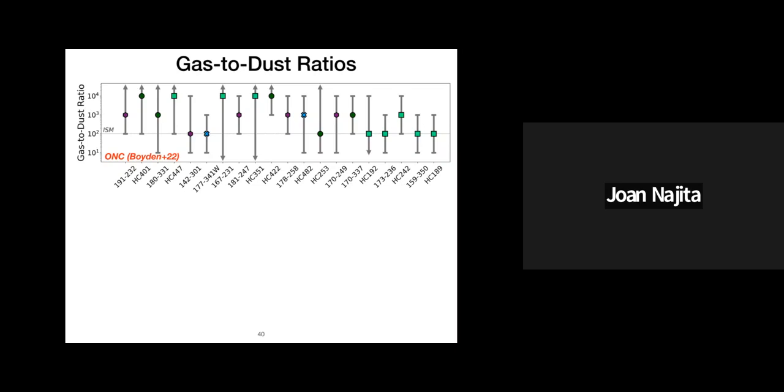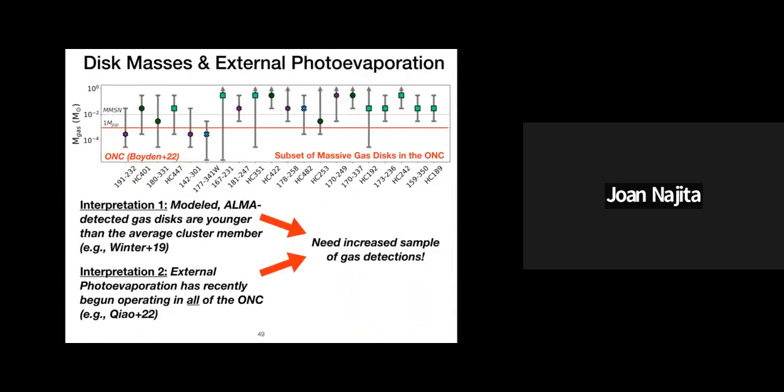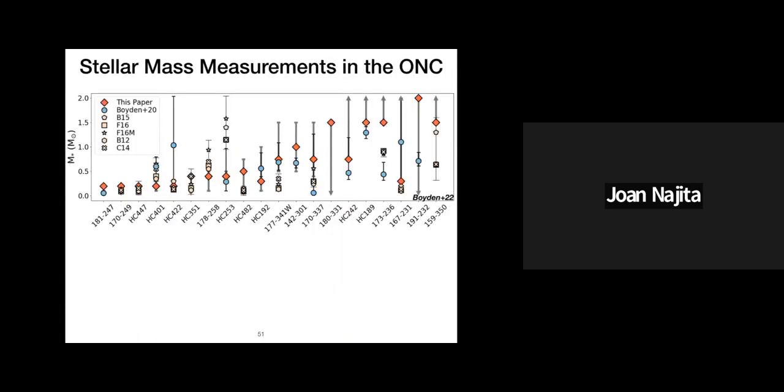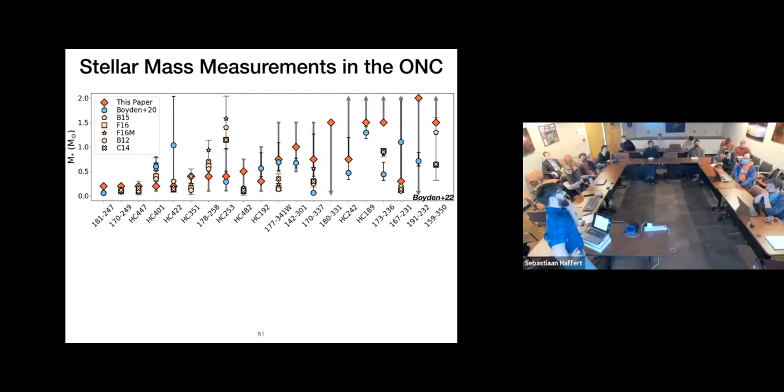My other question, very simple. Lovely measurements of the stellar masses, and I was wondering whether things like outflows might play a role in complicating the gas dynamics. Do we have to worry about that, or not so much? Yeah. There are a couple of detections that we found in our first paper that we think might be exhibiting kinematics indicative of outflows, but we excluded those from this current sample.